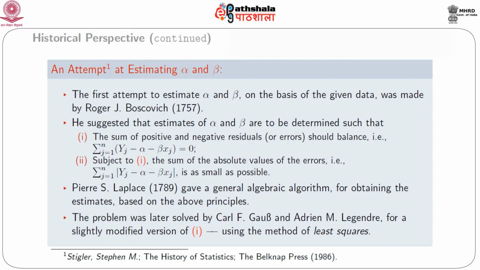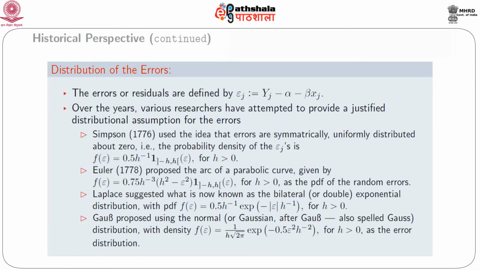For reference, you may go through the book by Stigler. The book is The History of Statistics. The errors or residuals are defined by epsilon j equals yj minus alpha minus beta xj.